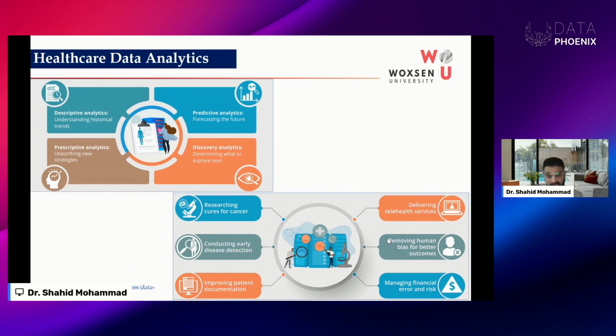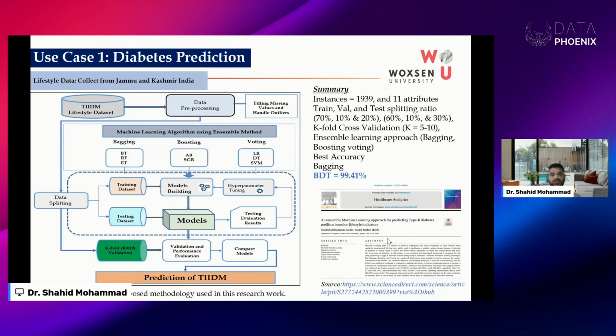This is a very big challenge right now, because cost is very important. The cost for medical treatments and even hospital readmission cost is a very important factor. So if we explore all these types of analytics, we can try to solve these kinds of problems as well.